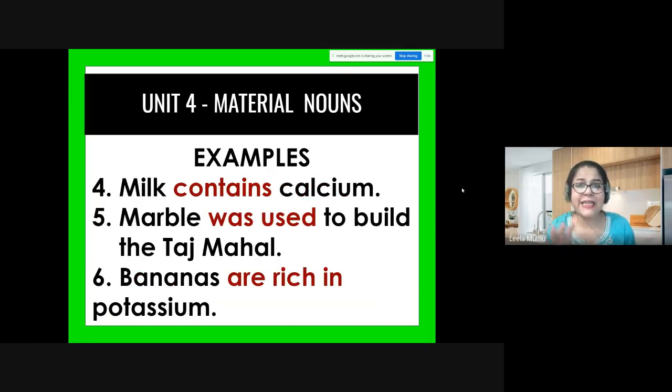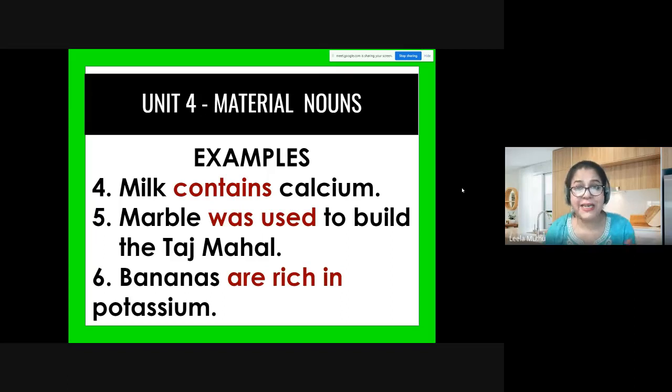Now look at this sentence. Milk contains calcium. Now, milk here is being described as having a material called calcium in it. Here, the calcium is the material noun. Marble was used to build the Taj Mahal. Marble is the material noun. The words "was used," "contains," "is rich in," for example, all show that it is a material which is found in the noun that is being described.